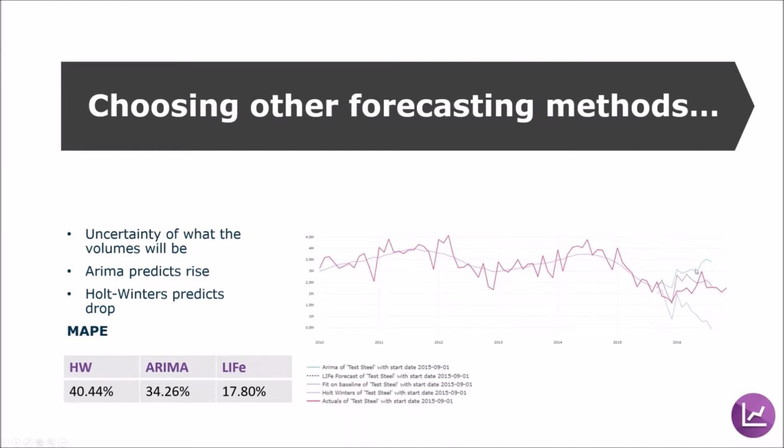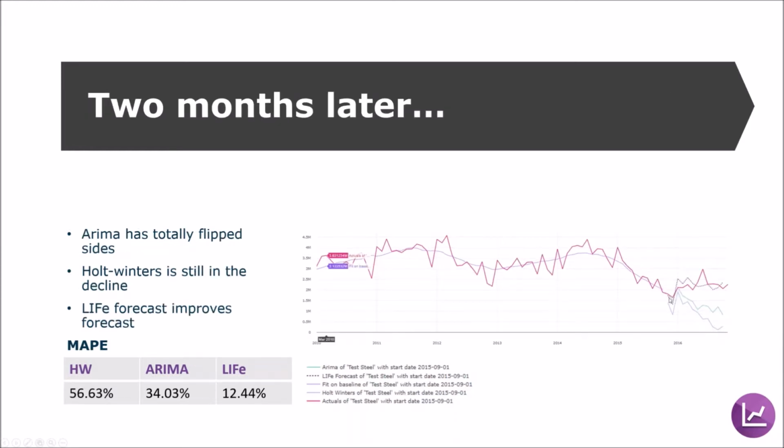So here, ARIMA was still giving an upward trend and Holt Winters was predicting a downward trend. If we are 2 months later, see what happens. Holt Winters is still predicting a downward trend, and ARIMA now all of a sudden is also predicting a downward trend. So what you also see with those traditional techniques is that sometimes they predict an upward trend, 2 or 3 months later they start predicting a downward trend.